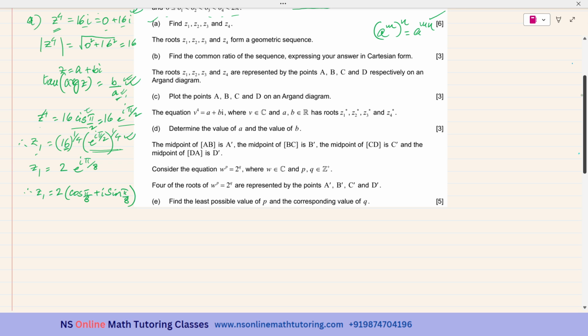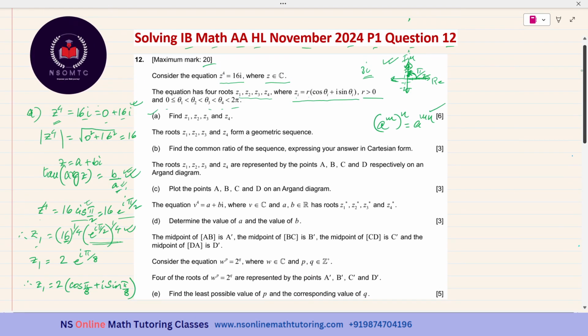Okay, so then what will be the second root? Now, if you plot the 4 roots on the Argand diagram, you should know that the angle between any 2 consecutive roots will be the same. And the total angle around this origin is 2 pi.